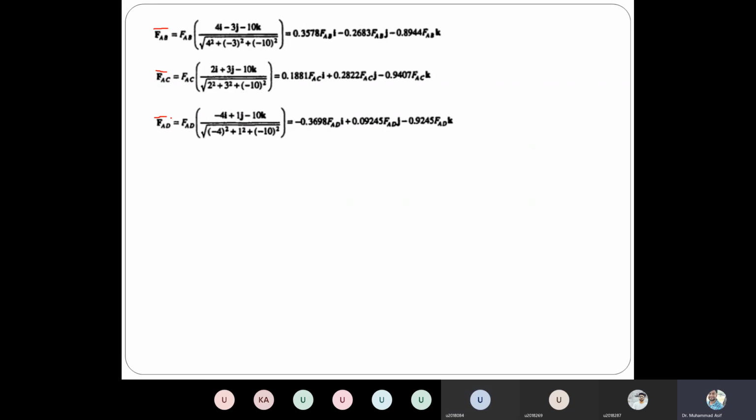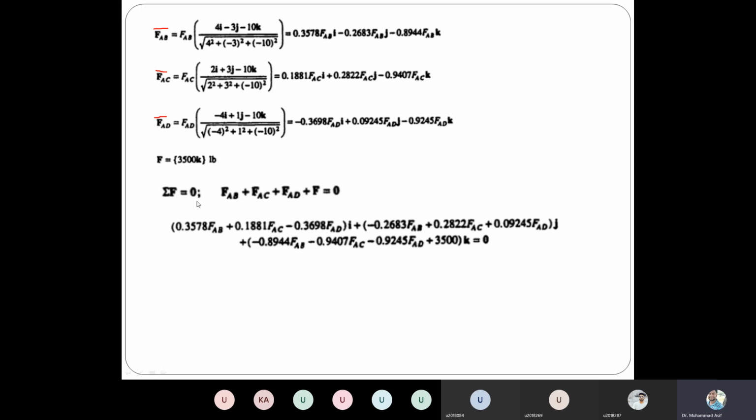One force is already known to you, that was equal to 3,500, and that was acting in the positive k direction. Now you have all four forces, three unknown forces. Now you can apply the condition of equilibrium, which is the sum of all the forces equal to 0.